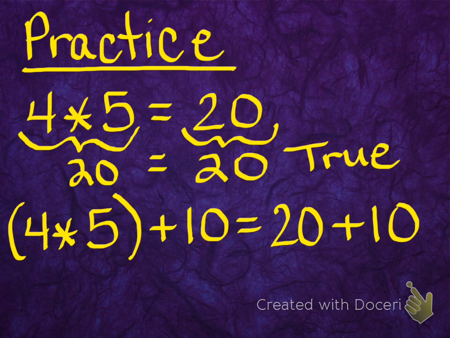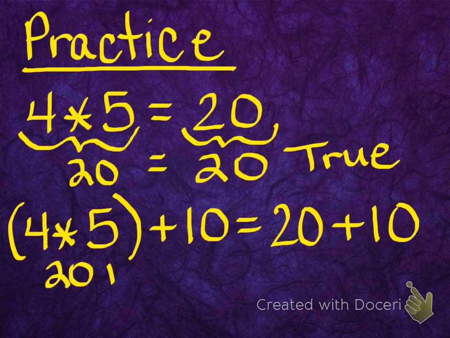Okay? Now, let's take a look at the next problem. Notice we have 4 times 5 in parentheses this time, plus 10 equals 20 plus 10. Now, we need to solve both sides of that equal sign to determine whether our number sentence is true. So on the left side, we have 4 times 5, which is 20.